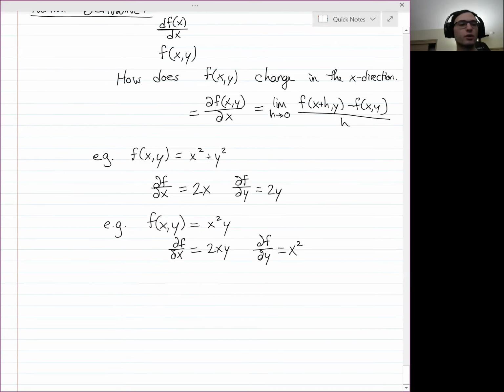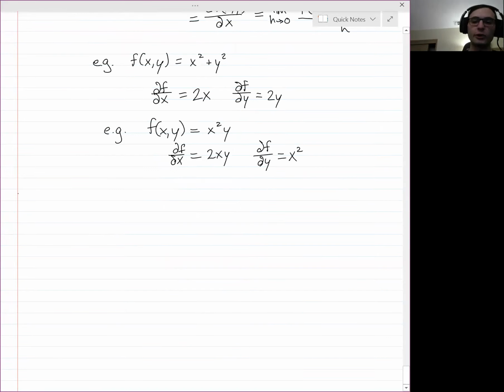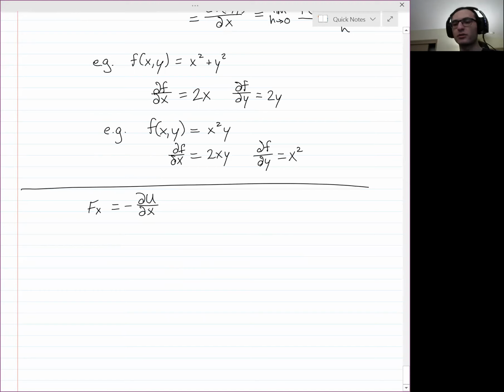So hopefully you can see from this understanding here that not only is the force in the x direction the negative derivative with respect to x, in fact, it's true that the force in the x direction for any potential energy function is the negative partial derivative of the potential energy function with respect to x.